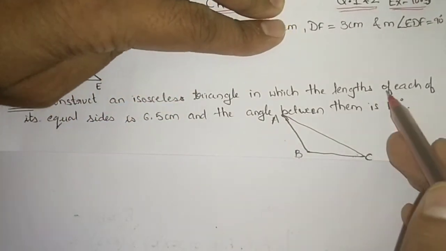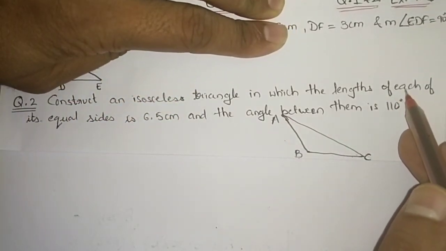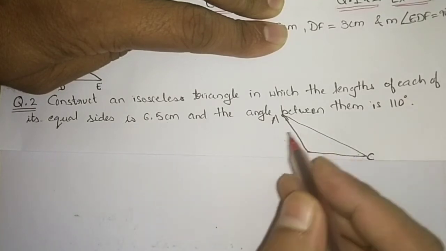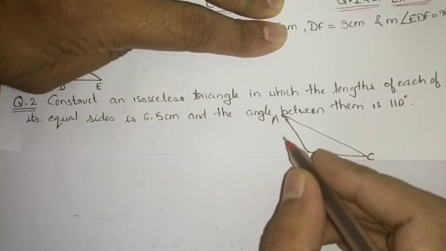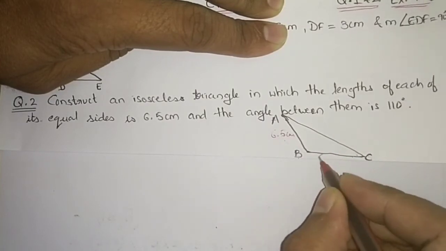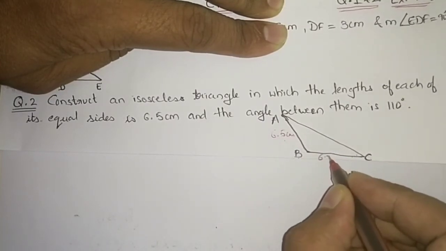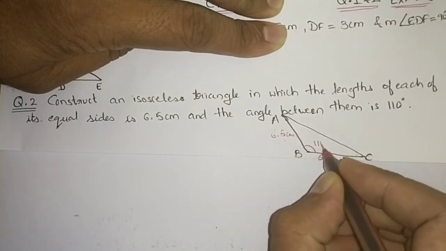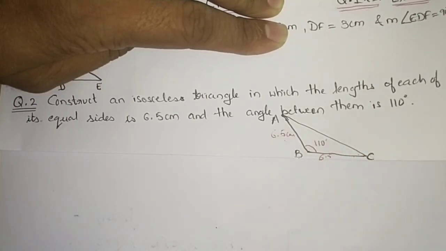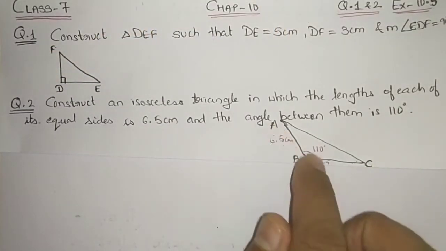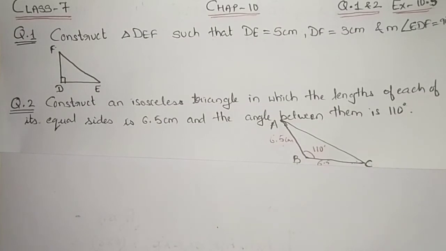So they have told us that those equal sides are of 6.5 centimeter and the angle between them we have to take as 110 degree. So we are supposed to construct this type of triangle.